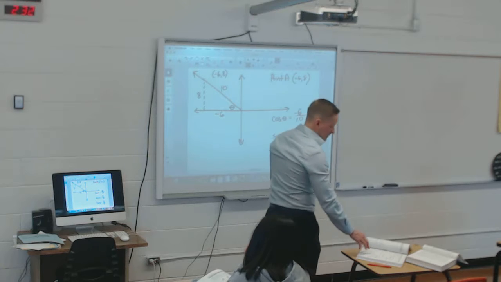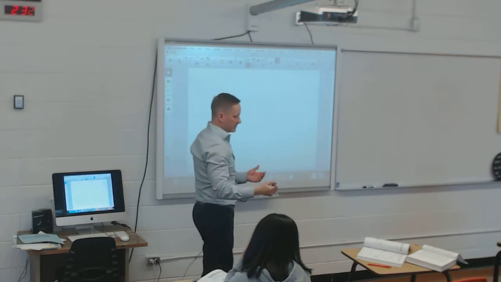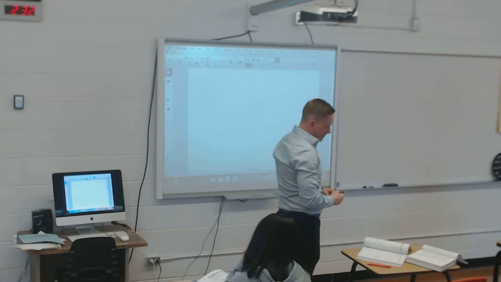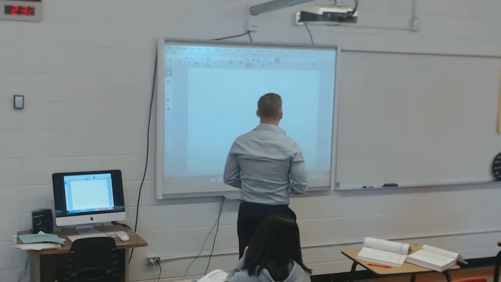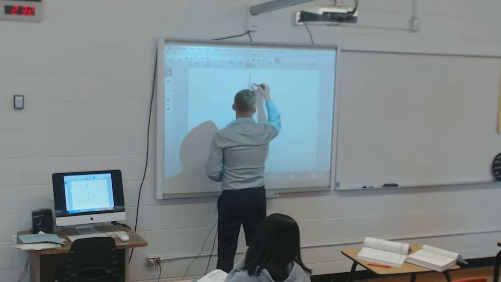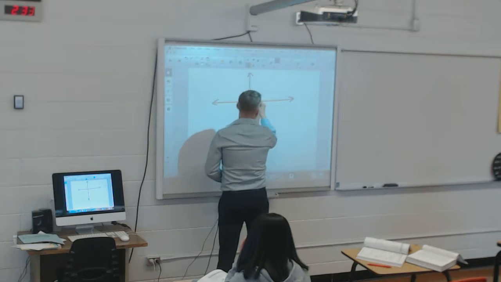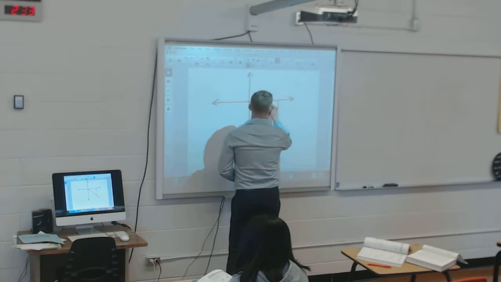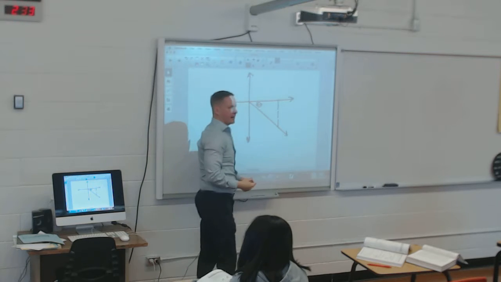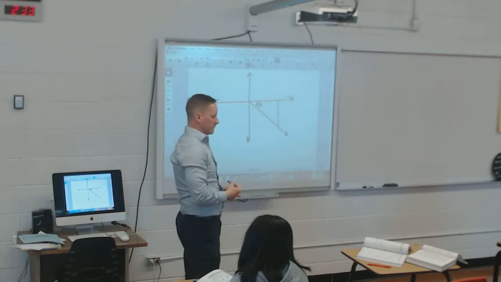Alright? So let's look at B, and let's do it the same way I just did. It says point B is 3 over 10 and y in quadrant 4. So the first thing I'm going to do is draw my triangle in the correct quadrant and label it. And by labeling I mean put theta with the x-axis at all times.